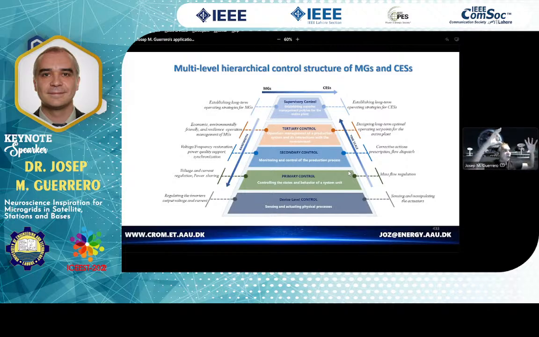Then we go to the secondary control, in which in a microgrid is to restore the voltage and frequency deviations produced by the primary control. And in the limbic system, what we have is the emotional part. Here what we do is corrective actions, because this mass flow regulation also produces mismatches.